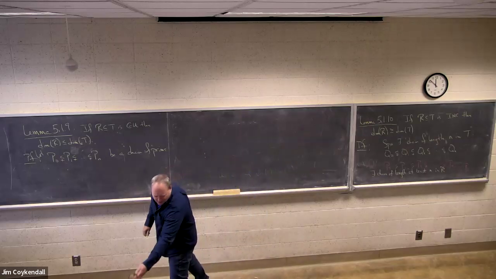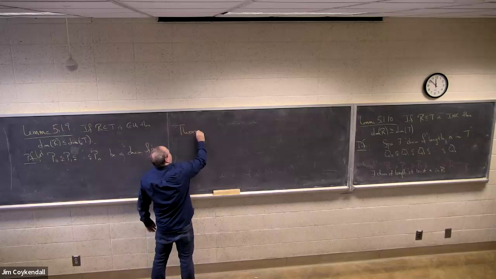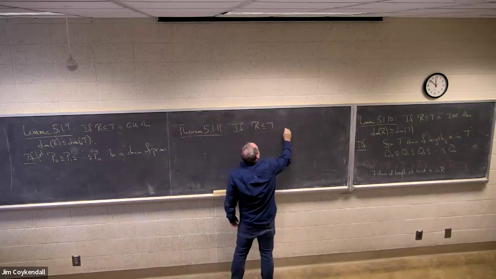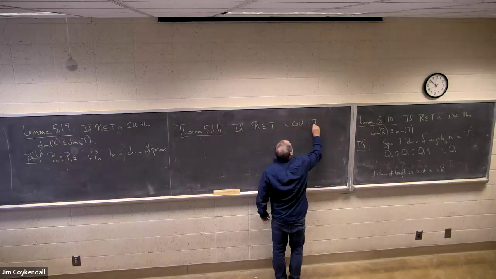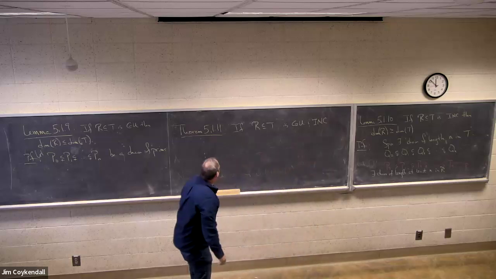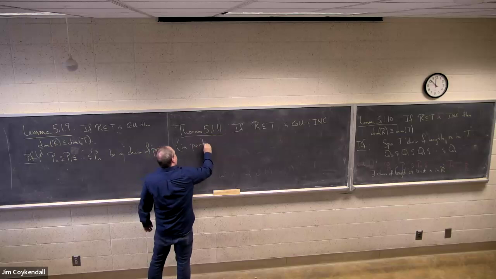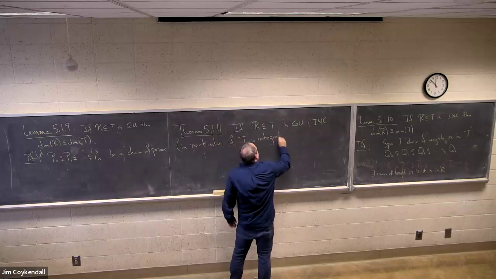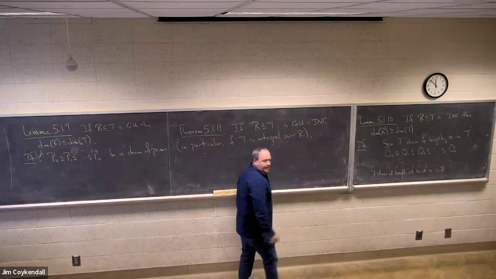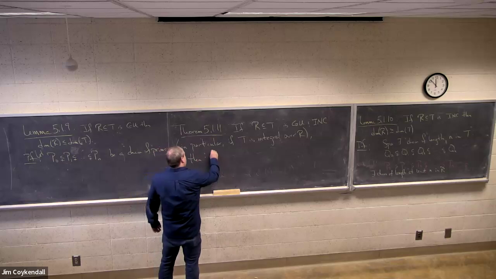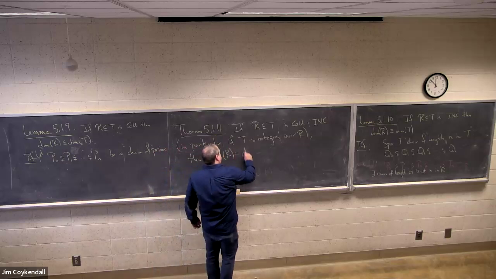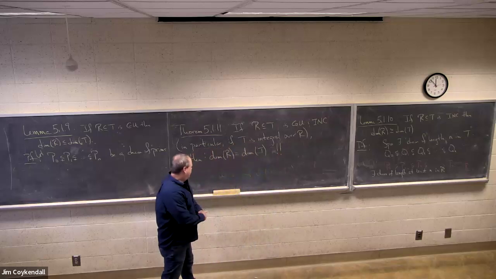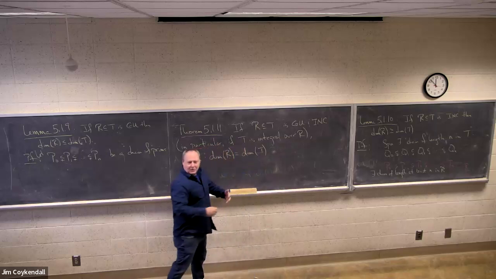So I'll call this theorem 5.1.11. If R inside P is GU and INC, so in particular, if P is integral over R, then... I couldn't do that because then you'll think that's dimension T factorial.